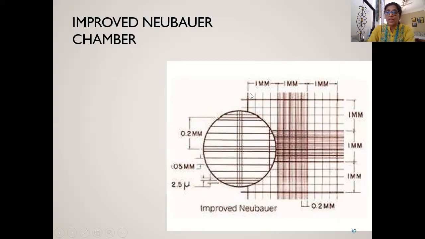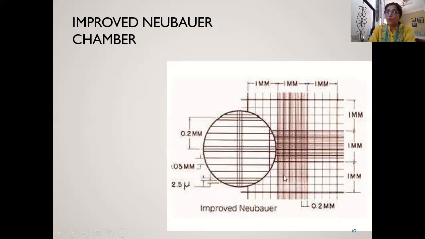So again, looking at the total grid once again, if we divide it, it is 3 mm from here to here and 3 mm from here to here. It's a square. In this 3 mm, 1 mm is this, the WBC area. This is the 1 mm which leads to the RBC counting area. And this is again the WBC counting area. Now this, and this.